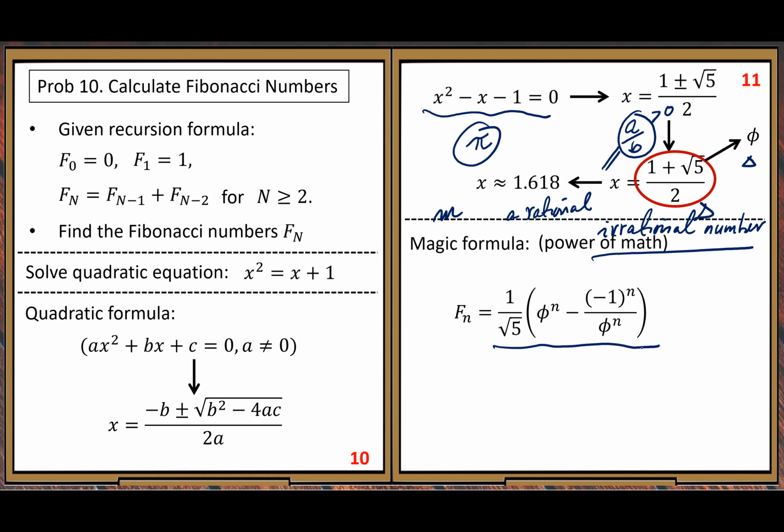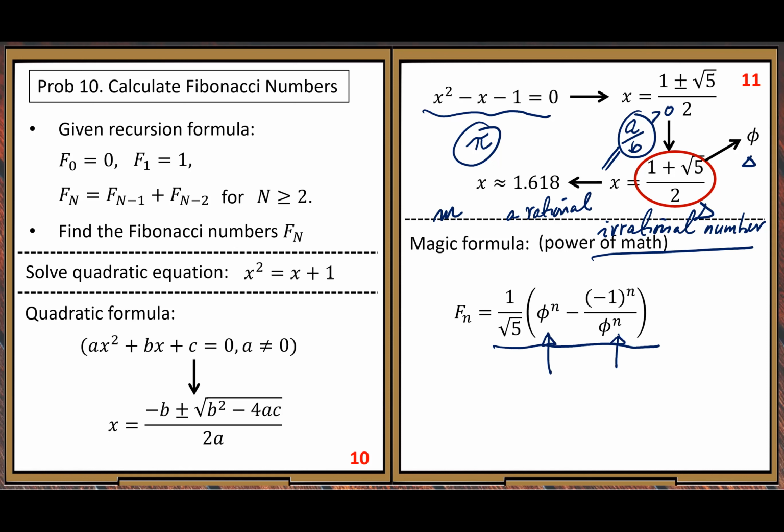But here, we do not have a straightforward integer expression. What do we have here? The golden ratio, phi to the nth, in the first term, and the golden ratio is also used in the second term.